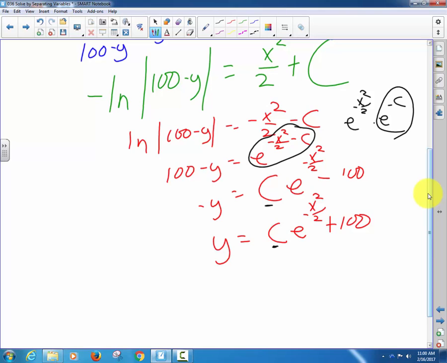Some students sometimes want to think, well, since it was negative up here, it ought to be negative down there. That's not the case. You can just write it as a c. Secondly, it doesn't matter what you write there as far as positive or negative, either one. Because if you write a negative sign in here and had to solve for c, let's say that Sally and Ford both worked this out, and one of them put a positive c there and one of them got a negative c.